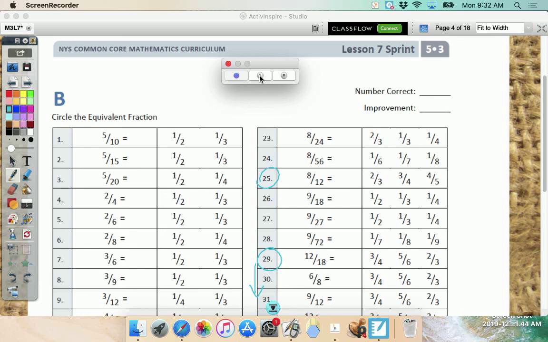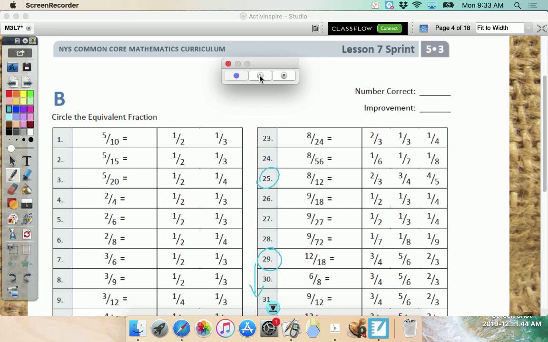Okay, answers for side B. 1/2, 1/3, 1/4, 1/2, 1/3, 1/4, 1/2, 1/3, 1/4, 1/2, 1/3, 1/4. That was a pattern. 2/3, 1/2, 1/3, 1/5, 2/3, 1/2, 1/3, 1/6, 2/3, 1/2.